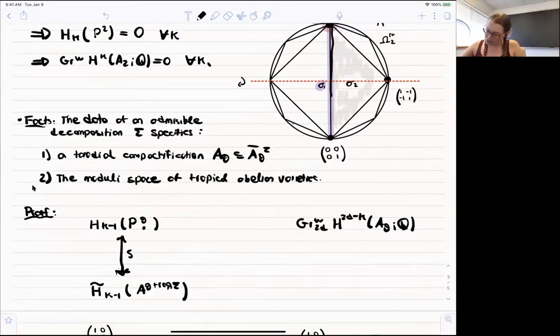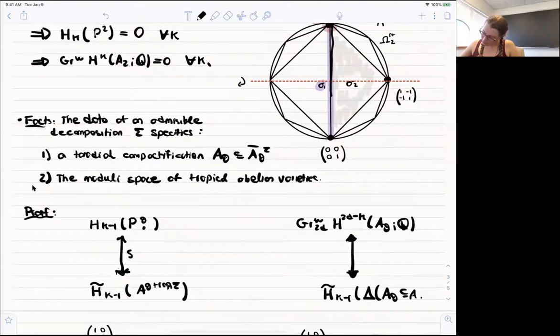And on the other side, as was already hinted, the top weight cohomology is the reduced homology of the boundary complex of AG in AG bar, where AG bar is coming from this toroidal compactification.